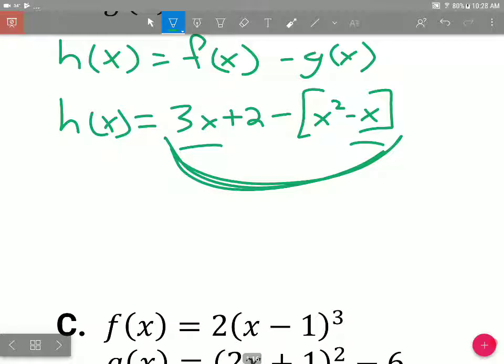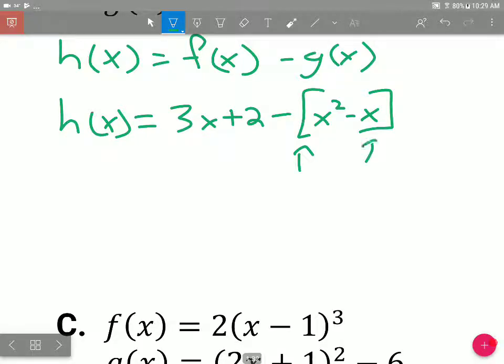What do I have to get rid of? The what? Well, the brackets, the parentheses. So how do I get rid of these things? Give you a hint, it has something to do with that negative. What can I do with that negative?